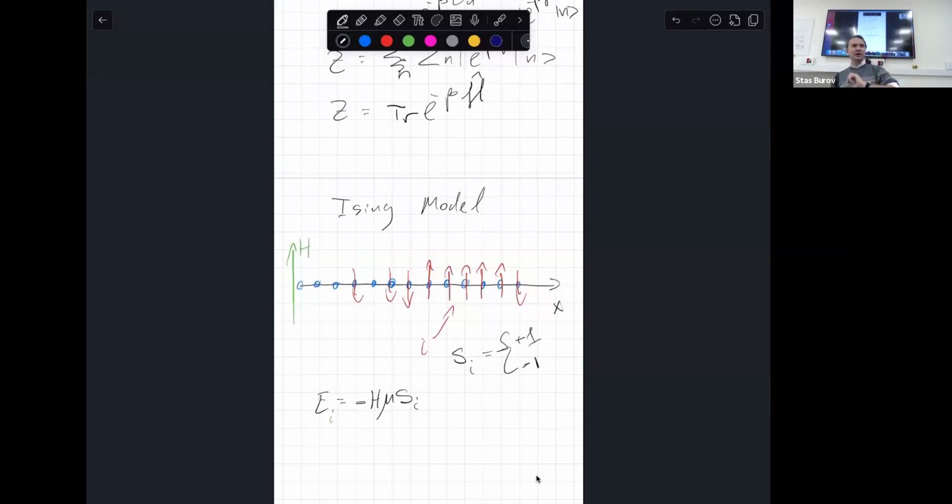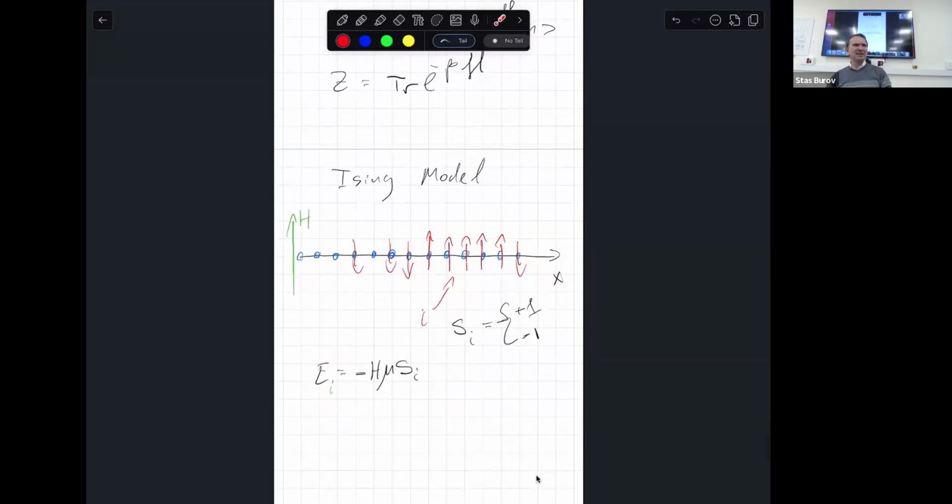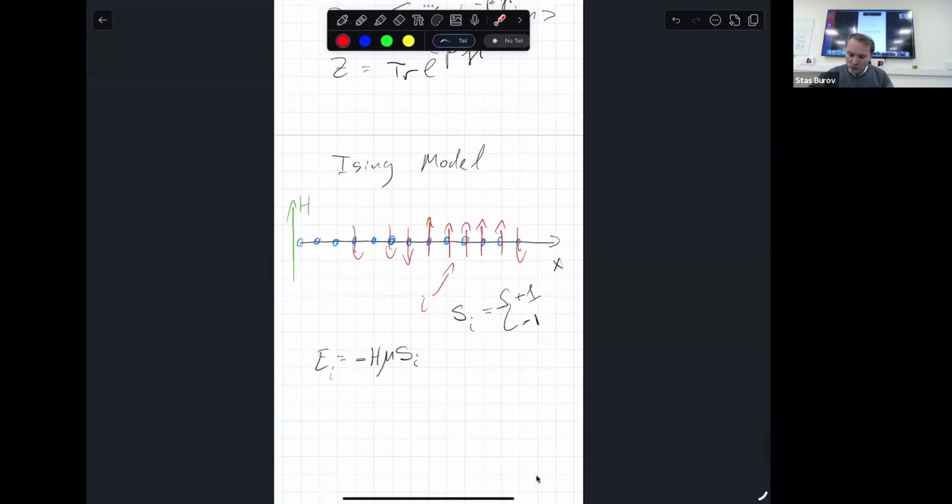So each and every particle inside my system has this self energy, which depends only on the external field. We'll see that it actually gives nothing in the sense of phase transitions. The spins have to talk with each other, right? The spins can interact with each other, so we also need an interaction term.